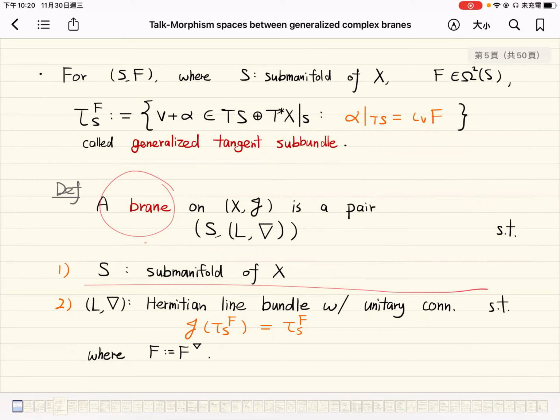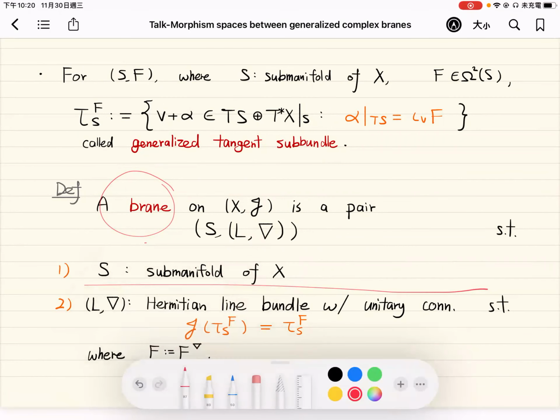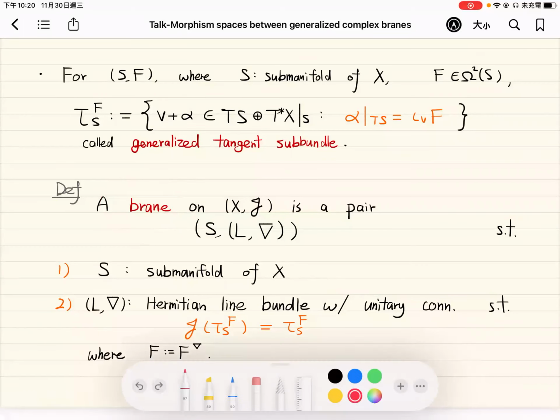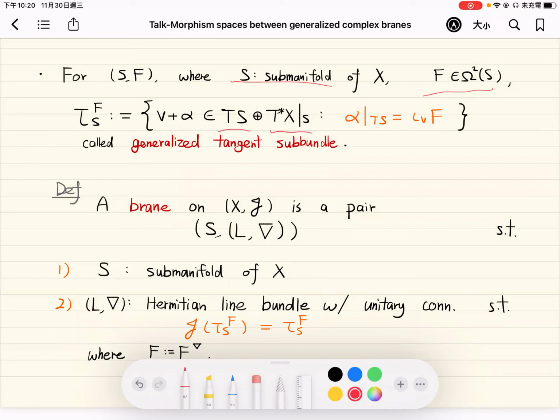First of all, we have a pair: a submanifold S, which we can also equip with a two-form F. Then we can define the generalized tangent subbundle in the following way: it is contained in the direct sum of the tangent bundle of S and the restriction of the cotangent bundle of X to S, with the condition that the one-form, when restricted to the tangent bundle of S, is equal to the contraction of F by the tangent vector V. Maybe I will give you an example: you can take F to be 0.